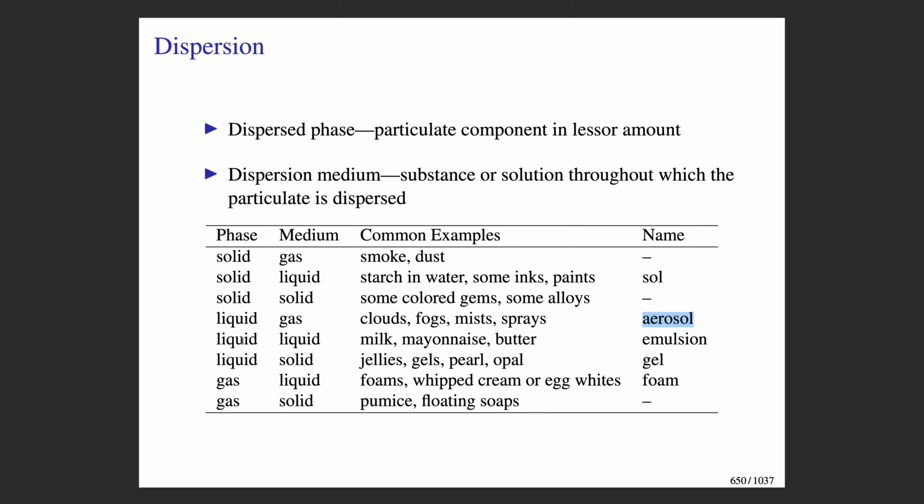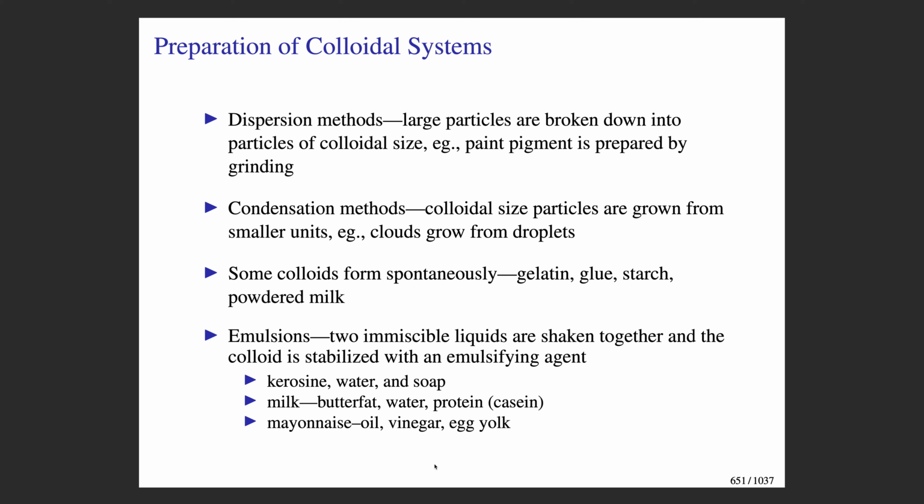Different types of colloids can form spontaneously, but this is just because the particles already have the right size. So foods like gelatin, when you make jello, or powdered milk, if you rehydrate the powdered milk, is already the right size to form a colloid.